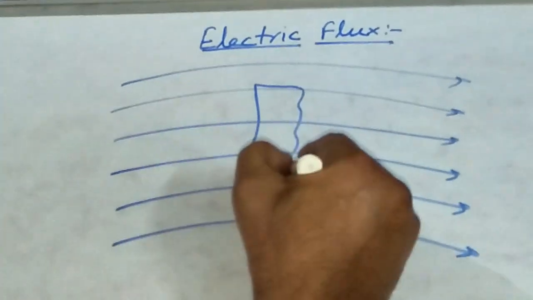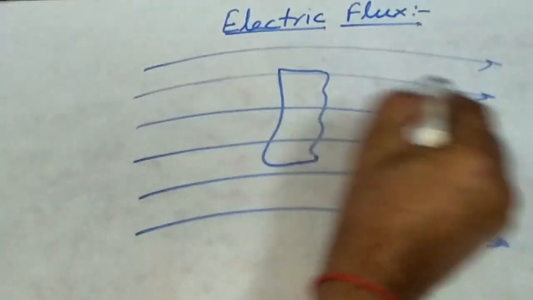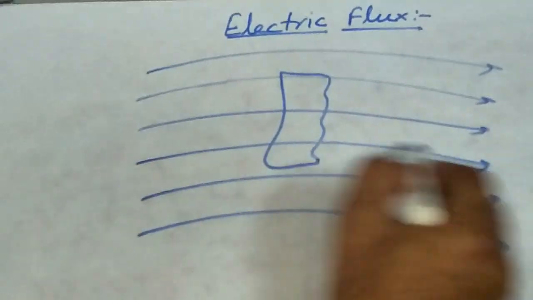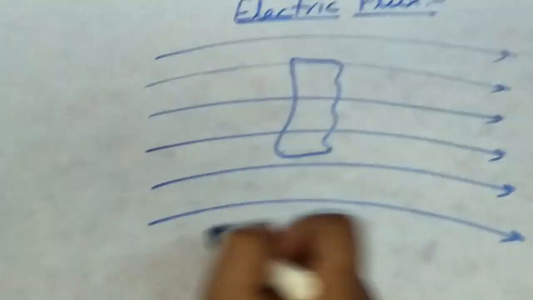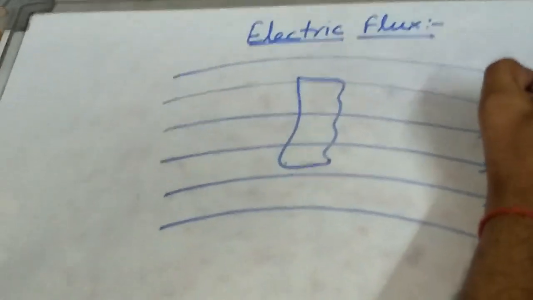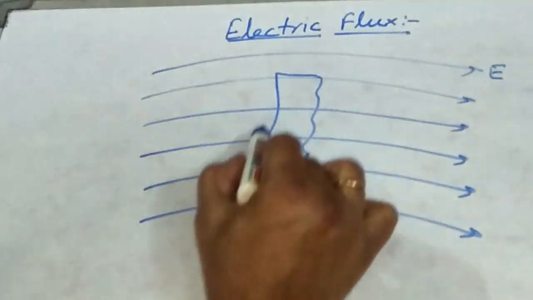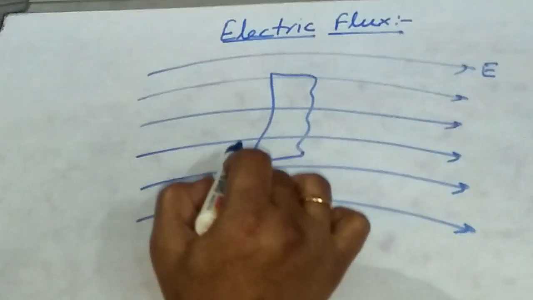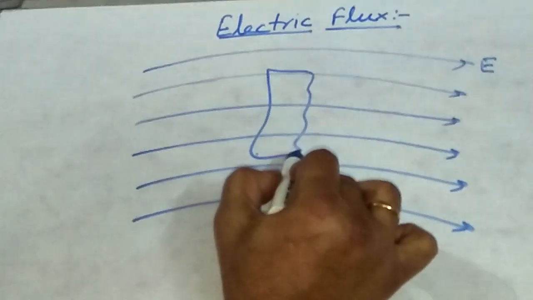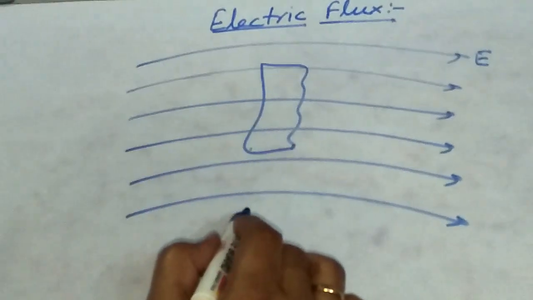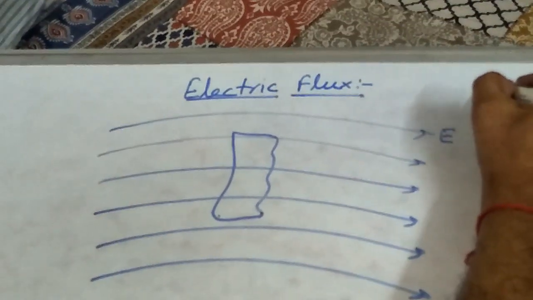The electric lines of force which pass through this surface are called the electric flux linked through this surface. Electric flux is denoted by phi E.